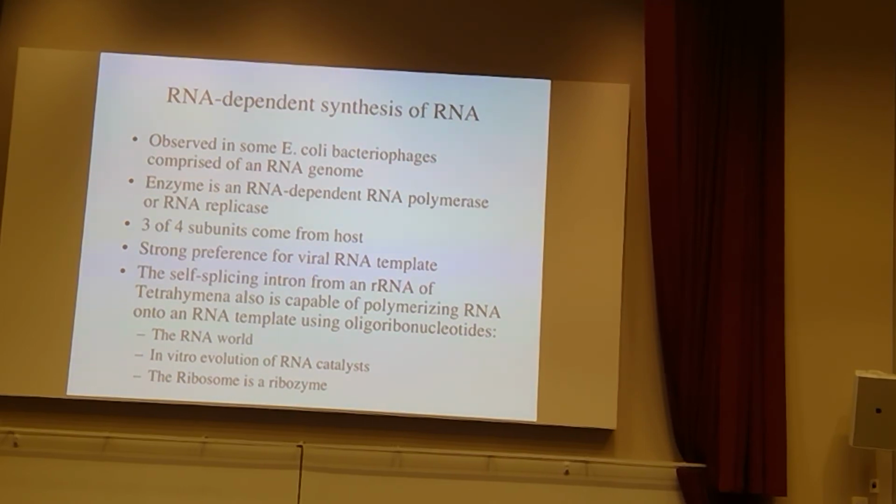When we think about the origin of life and we want to consider what the very simplest life forms would be like, we are hunting around for one biopolymer that can do it all, right? That can be a source of genetic information, that can carry out catalysis, and that can replicate itself.